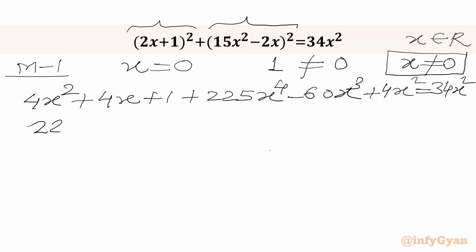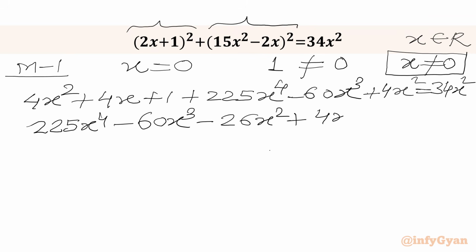We will get 225x⁴ − 60x³, then 8x² − 34x² which is −26x², plus 4x plus 1 equal to 0. Now we are going to take x⁴ common out.